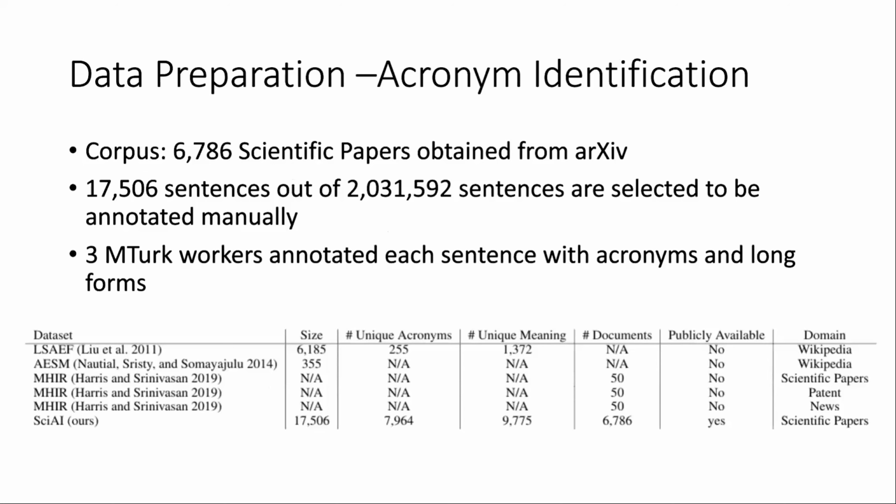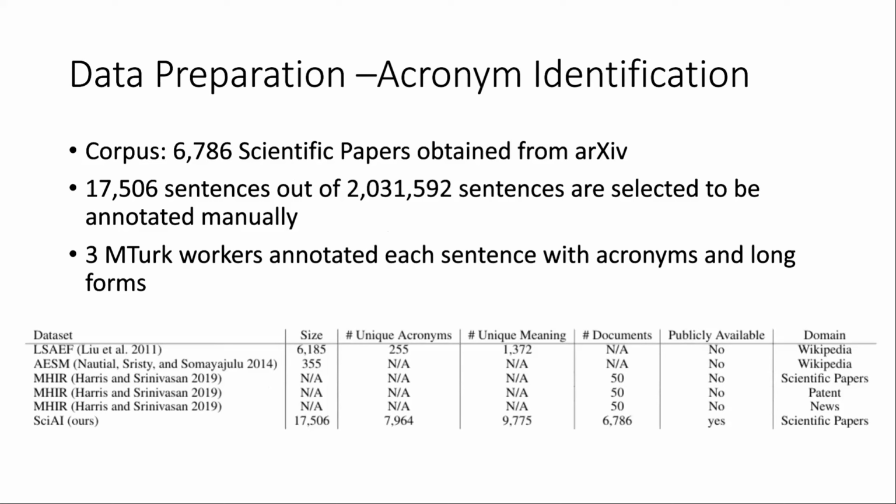For the acronym identification task, we create the largest available manually annotated dataset for acronym identification. This dataset is created from a corpus of more than 6,000 scientific papers obtained from arXiv, and we select more than 17,000 sentences that are likely to have an acronym and also the expanded form of it.